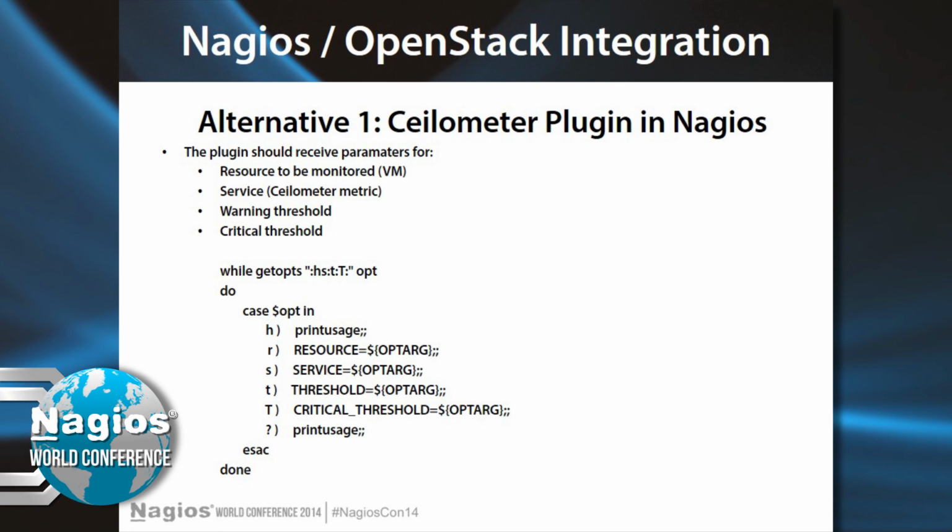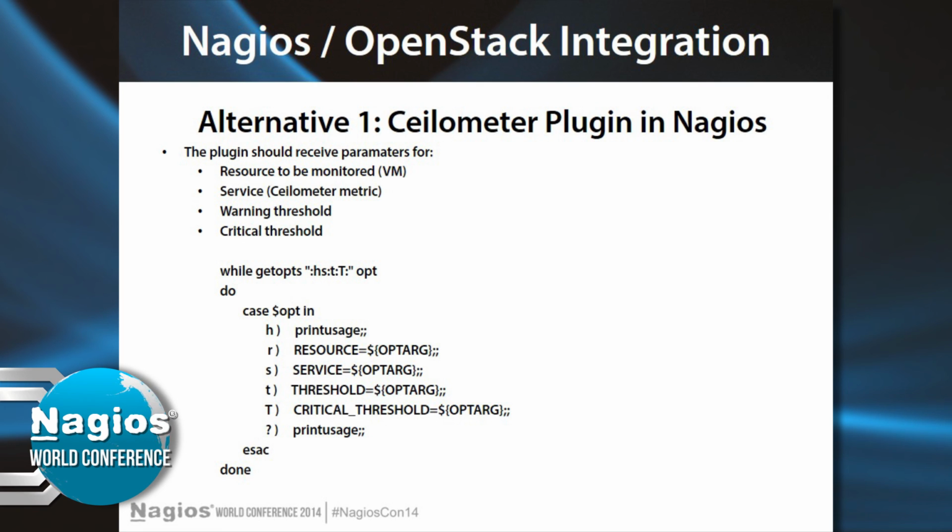And the plugin should receive some parameters to get that data it collects into Nagios. Basically, what you need is the resource to be monitored, the host in Nagios speak, a service, the metric collected in Ceilometer, like CPU utilization for example, and a warning threshold and a critical threshold, and you should put that in your Ceilometer plugin script.